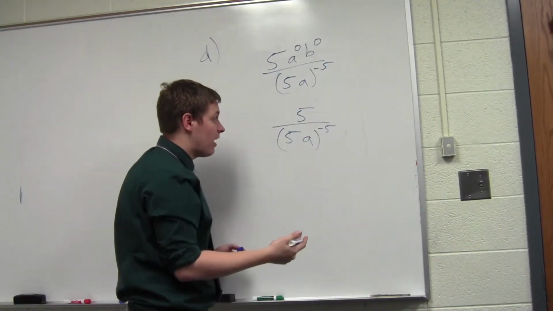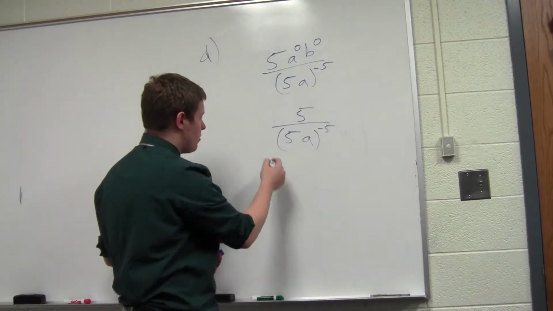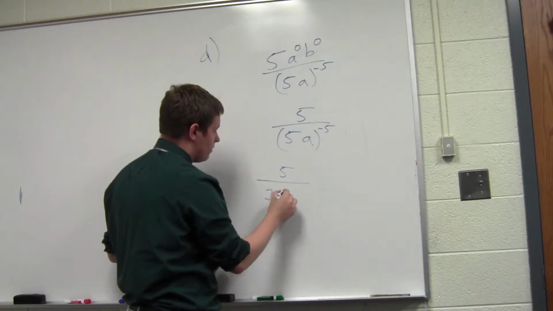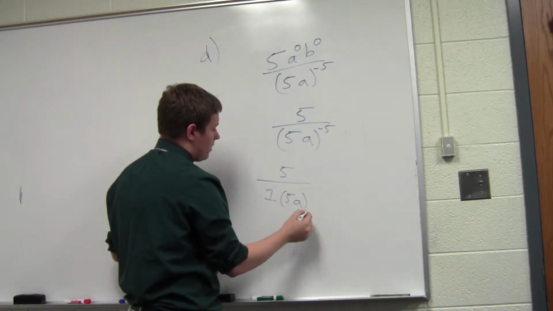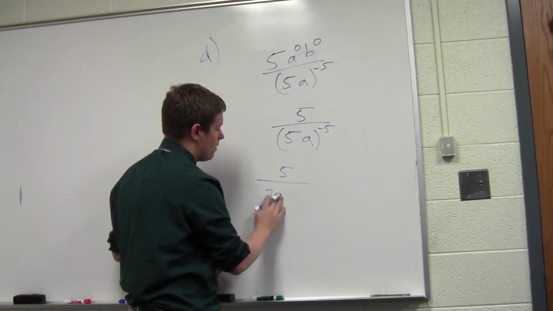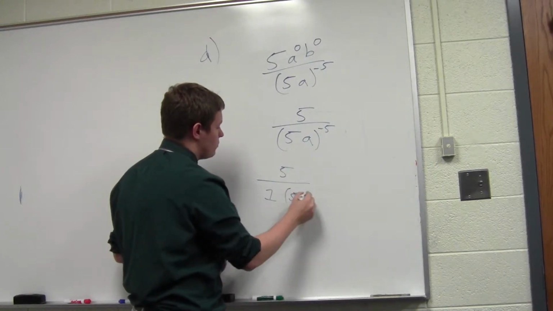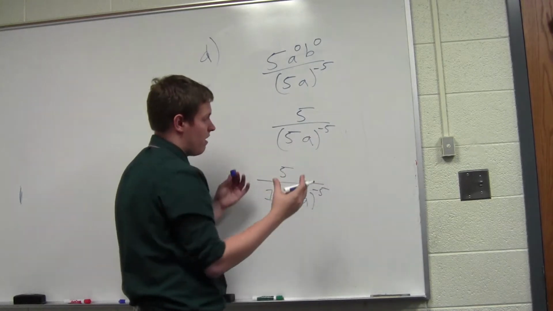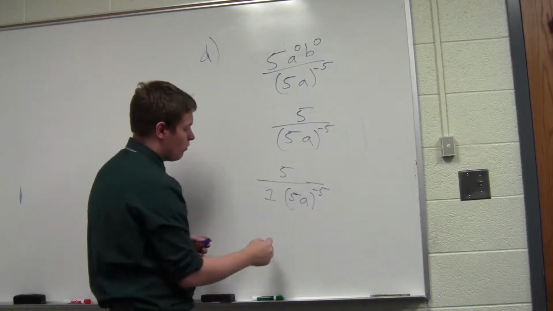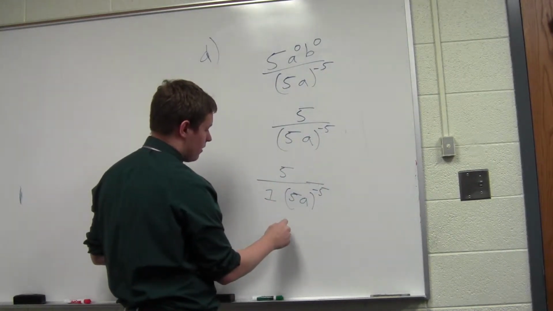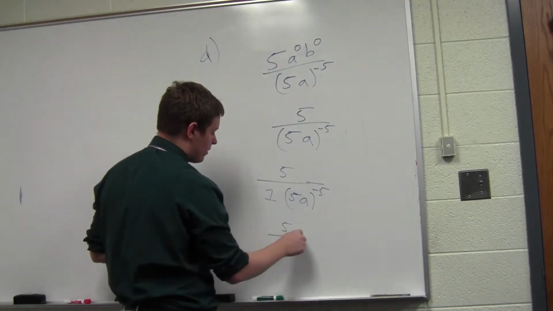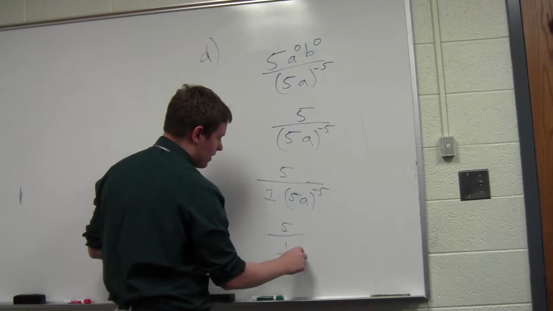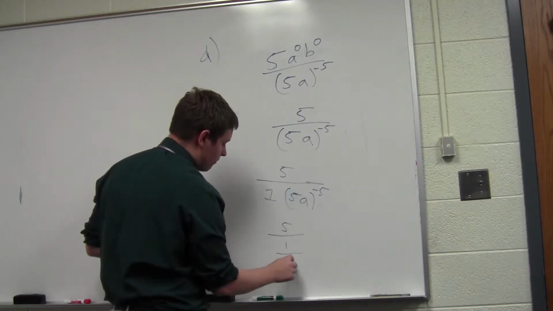Okay, we can think of that as just moving this up and changing the sign to a positive number. But if we think about it as a division, 5 divided by 1 times 5a to the negative 5, there's a 1 out here. 5a to the negative 5 is the same thing as taking whatever's over here and dividing by 5a to the 5th.